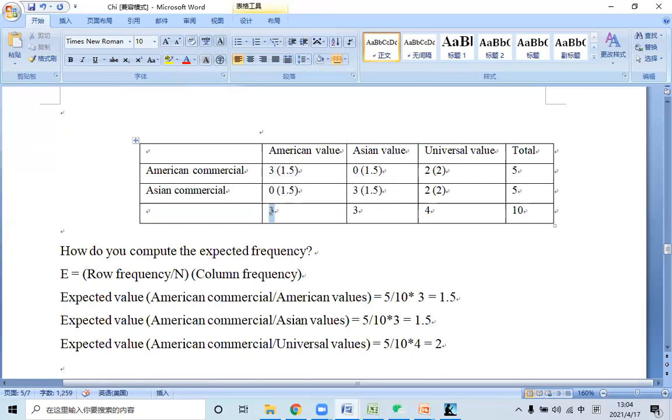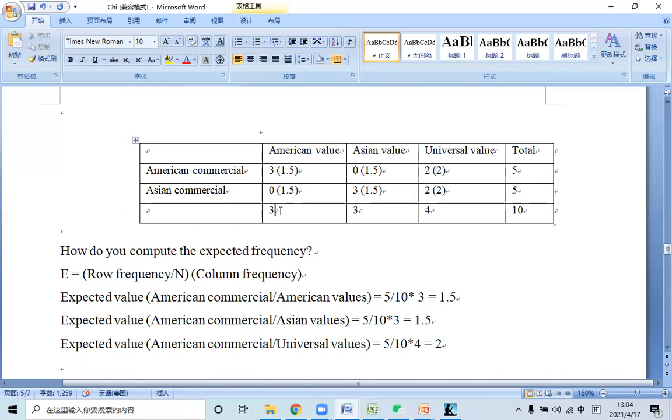This is basically dividing the 3 American values between American and Asian commercials. If these two variables don't depend on each other, you would be dividing this number, 3 American value commercials, according to the proportion of Asian versus American commercials altogether. And in this case, you have equal proportion, 5 American commercials and 5 Asian commercials.